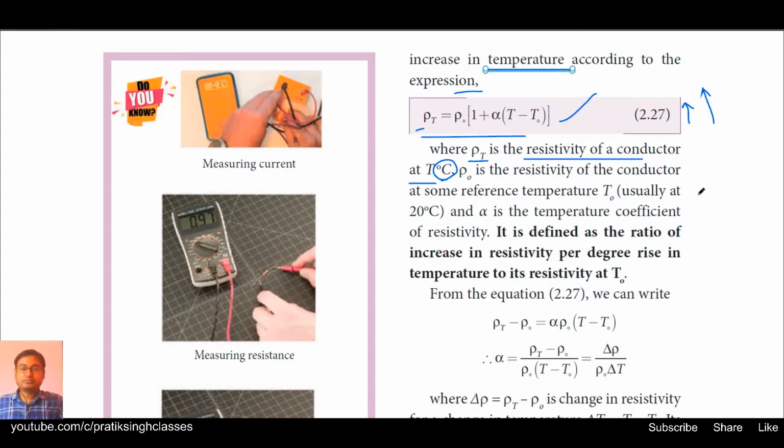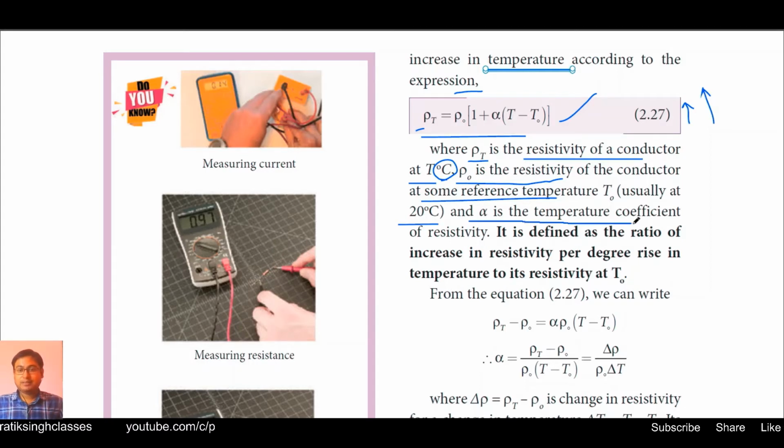So keep in mind that difference. That means rho t is the resistivity of the conductor at a given temperature T. Then rho naught is the resistivity of the conductor at some reference temperature, and usually t naught is taken as 20 degrees Celsius or normal room temperature.